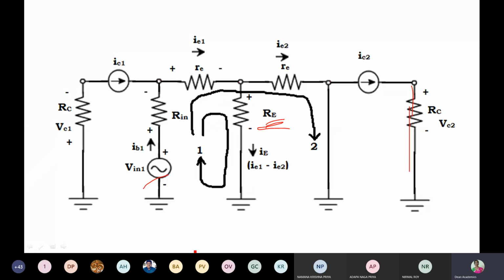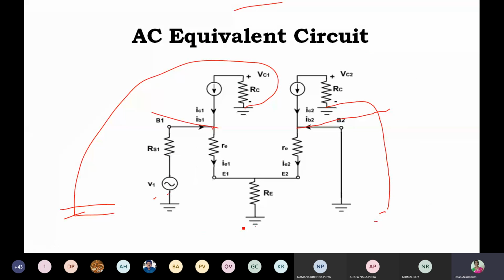So this is the equivalent circuit. This is the most important equivalent circuit for your single input balanced output differential amplifier, right? Are you able to draw this circuit? From the previous circuit, you must be able to draw it.